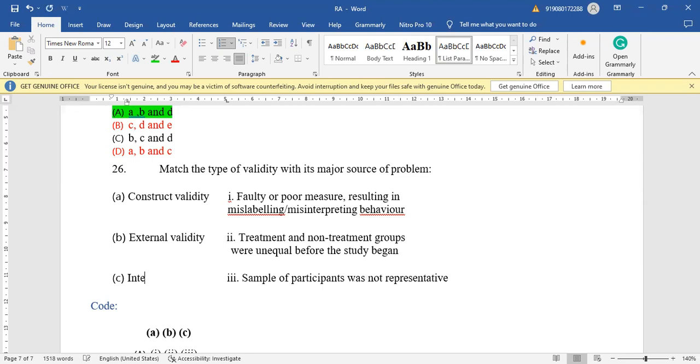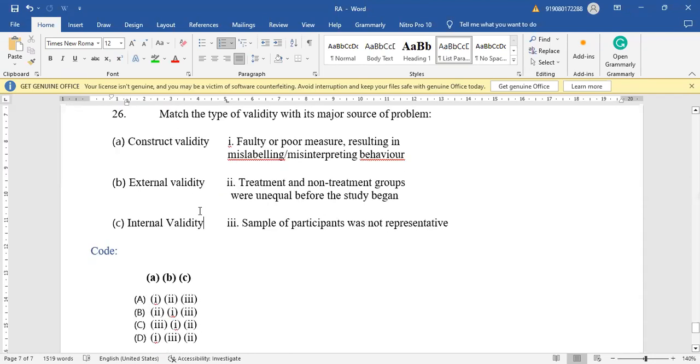So the answer for this one. What are the choices? This takes a little bit of time because questions are slightly in-depth from the subject matter.